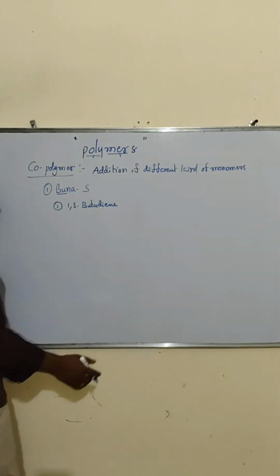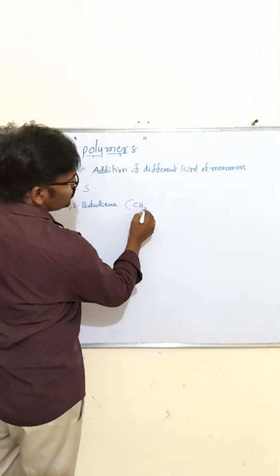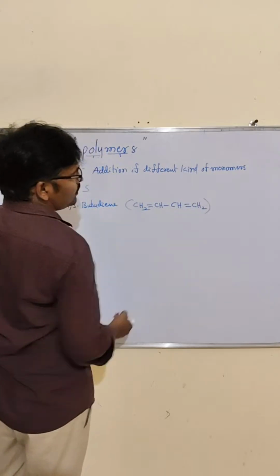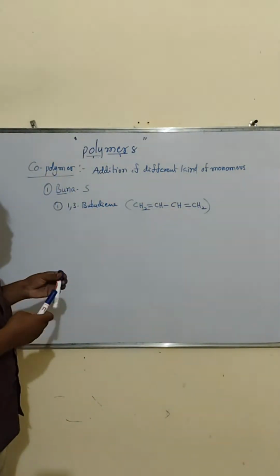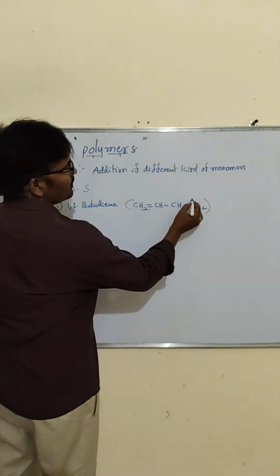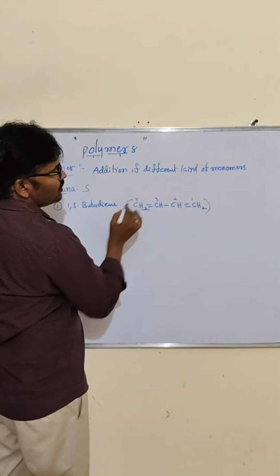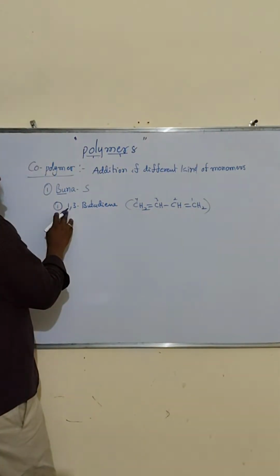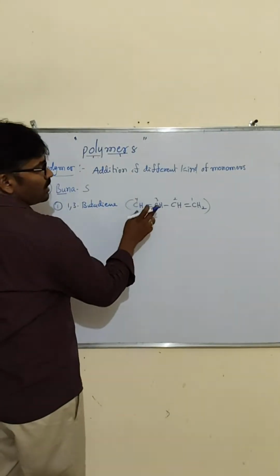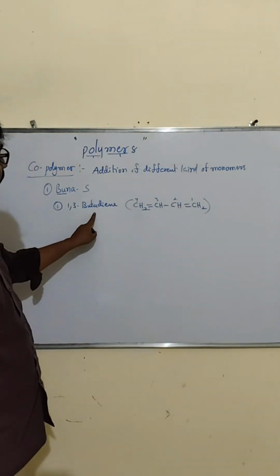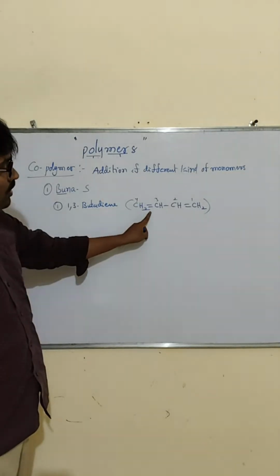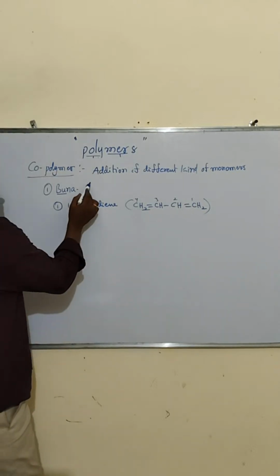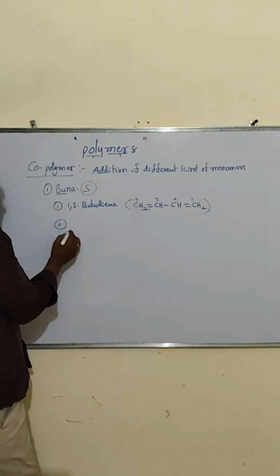The structure of 1,3 butadiene is CH2=CH-CH=CH2. Why do we call it 1,3 butadiene? The first position has a double bond and the third position has a double bond, so 1,3. Total 4 carbons, so buta. Two double bonds, hence diene. Then S is nothing but styrene.